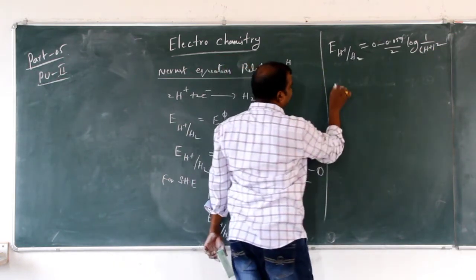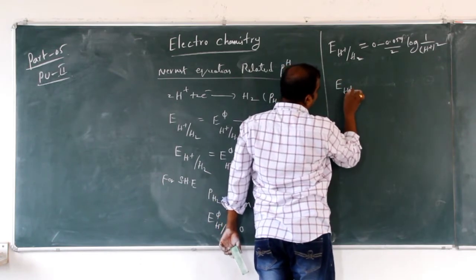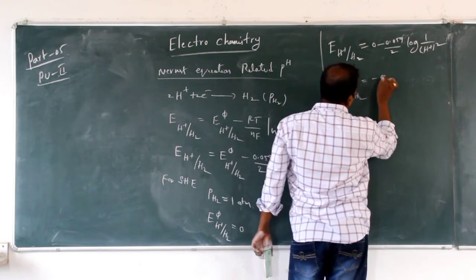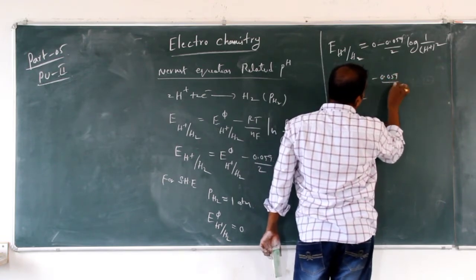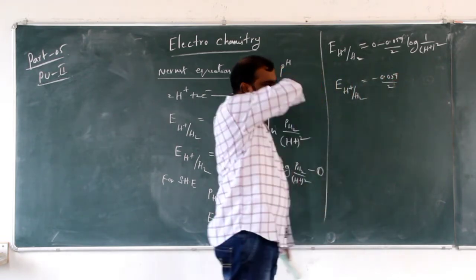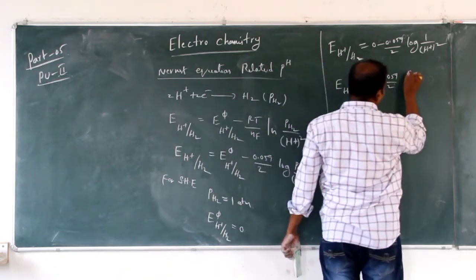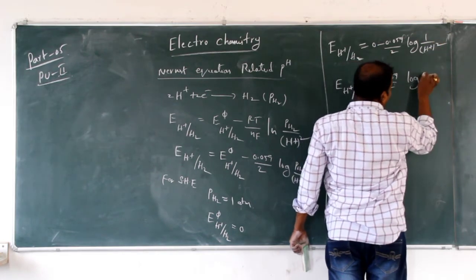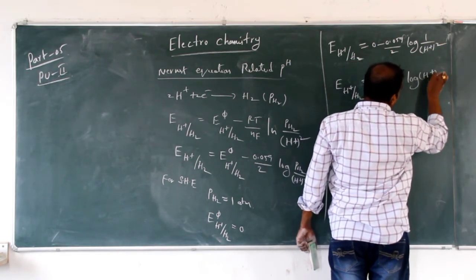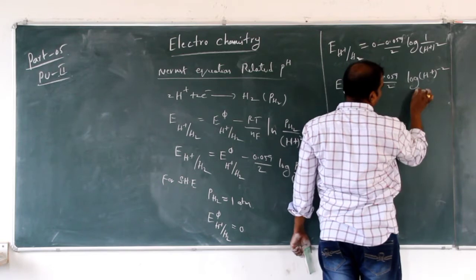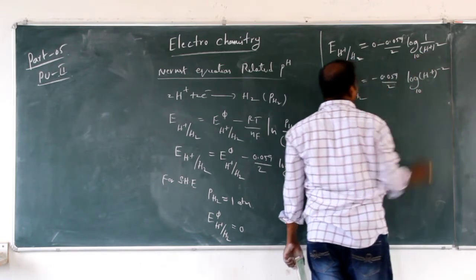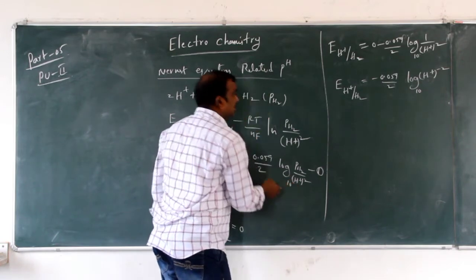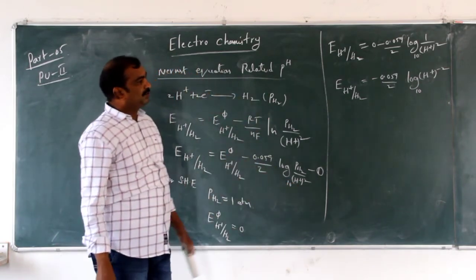Now look here. E of H+/H2 is equal to minus 0.059 by 2 log of, taking the denominator factor to the numerator, H+ concentration whole power minus 2. Here base 10 is there, because we are converting ln to log.